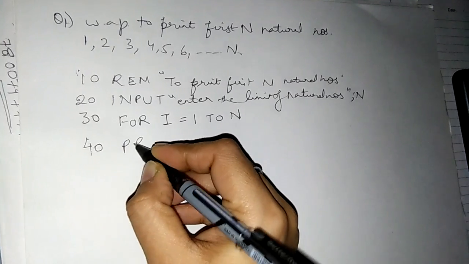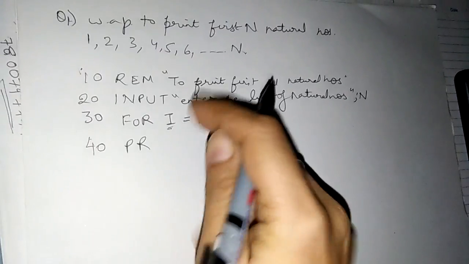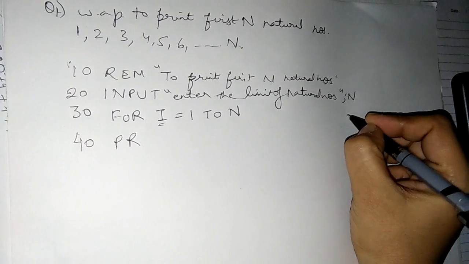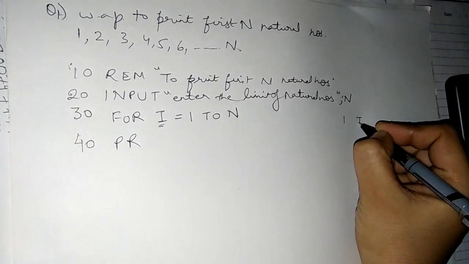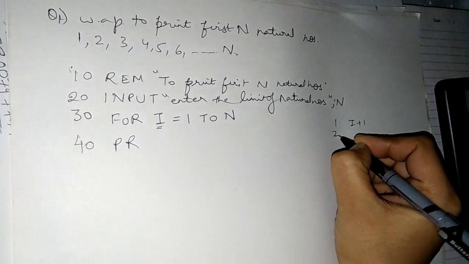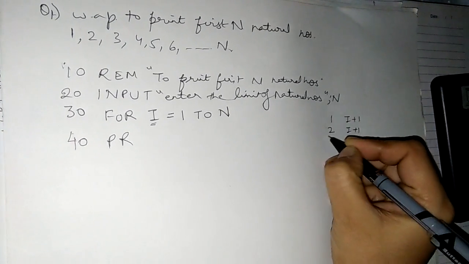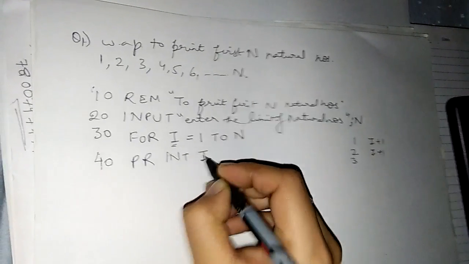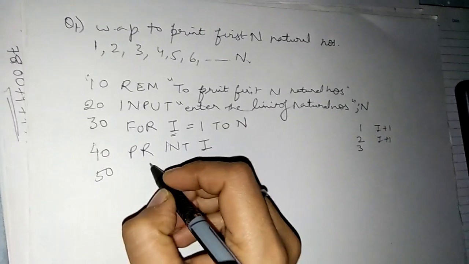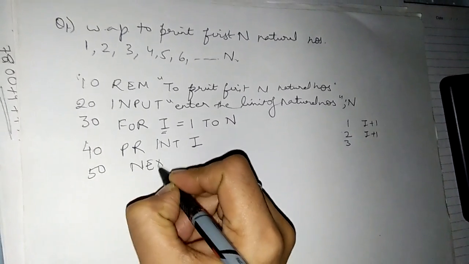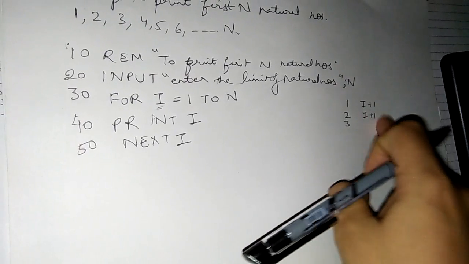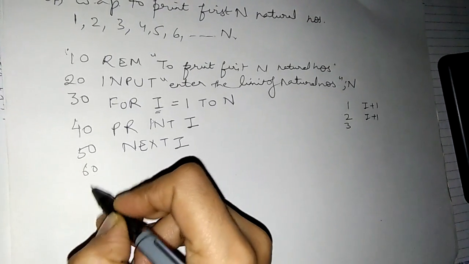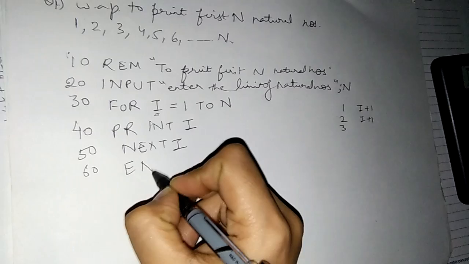I have to print the value of I, because I will be 1 and then it will be increased by 1, it will be 2, then increased by 1, 3 and so on. PRINT I, 50 NEXT I. Because of NEXT I, the value will increase by 1. I will show you the output in the end. This is the end of such a small program.